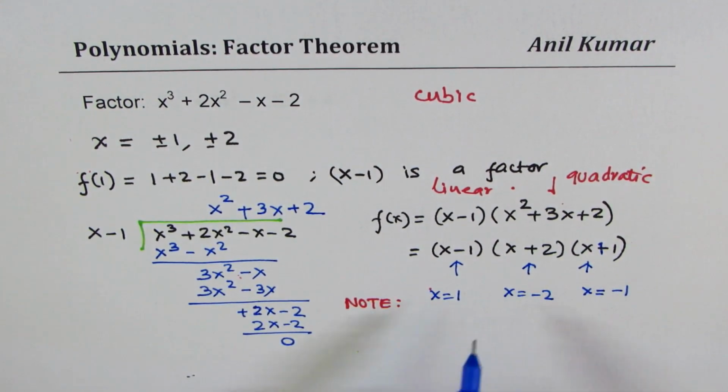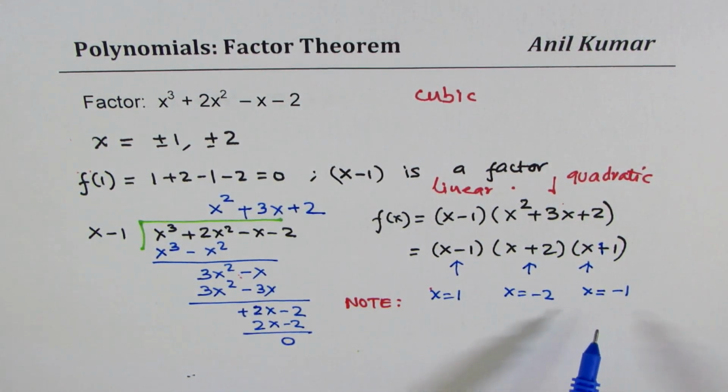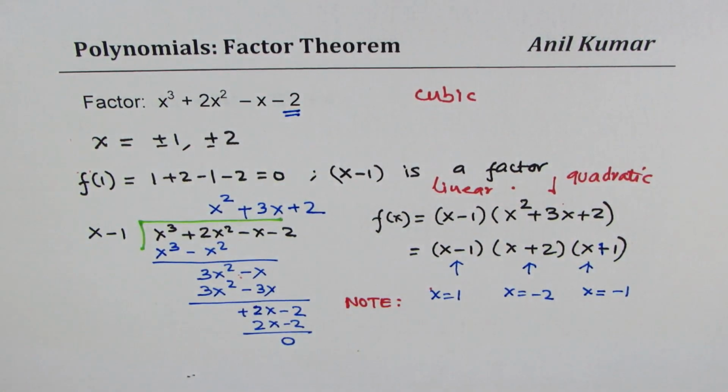So basically, all the 3 numbers which you get here, rather integers, are factors of the constant 2. Do you agree with me, right? So this is the basic concept, and it helps you to factor any polynomial. Correct?